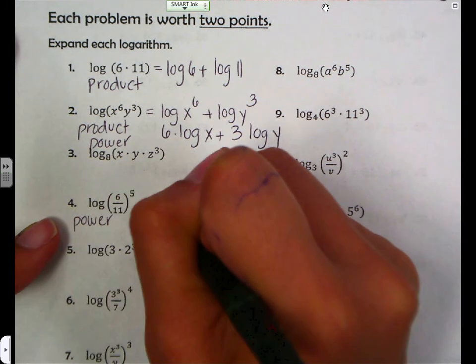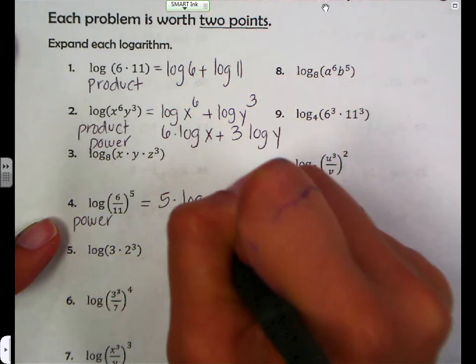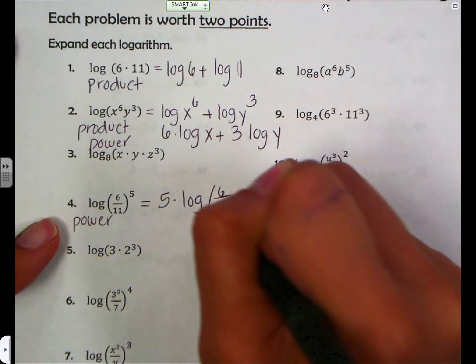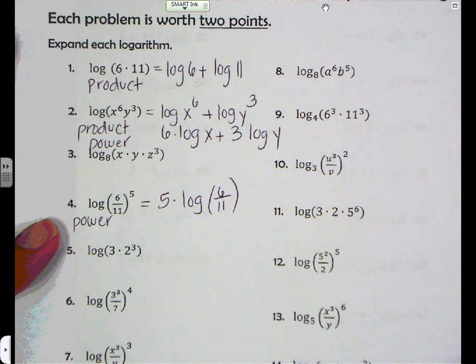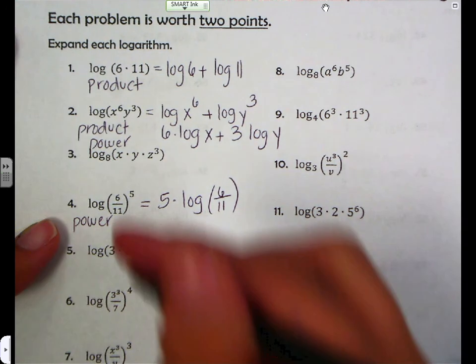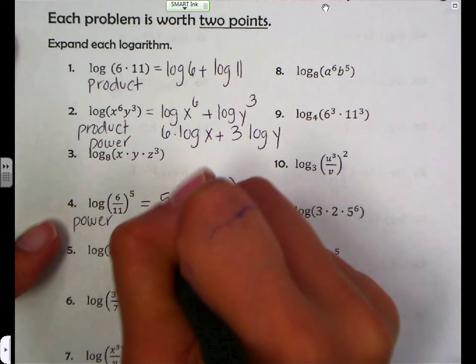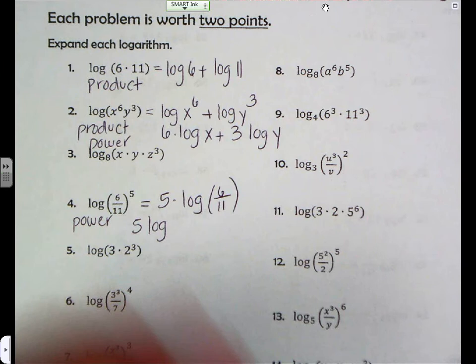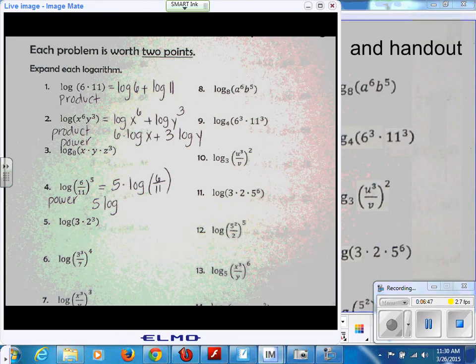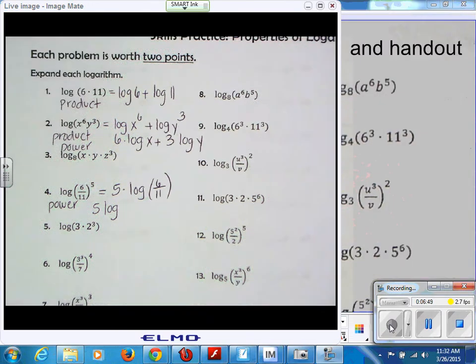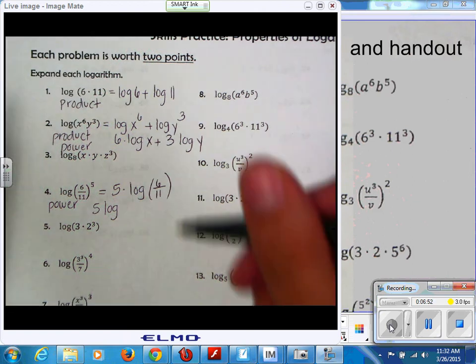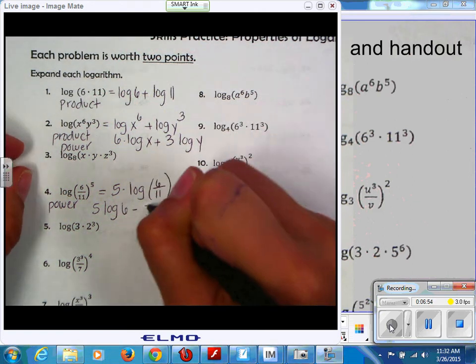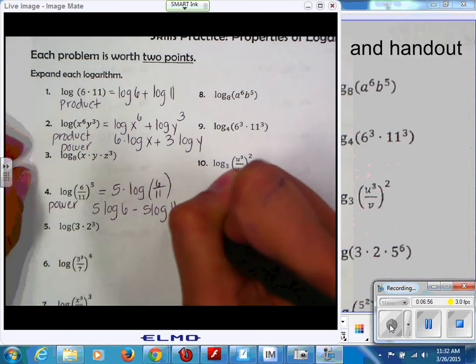Brings the power to the front, so you really have 5 log of 6 over 11, which is the same thing as subtracting them. So you have 5. Oh, be careful. You okay? Okay, continuing with that problem, we have 5 log base 6 minus 5 log base 11.